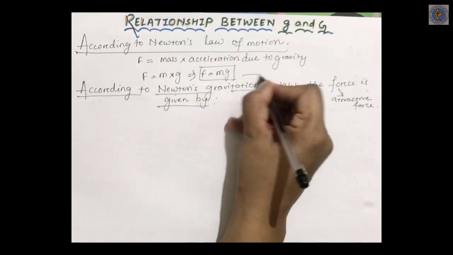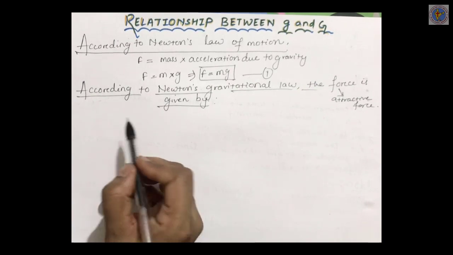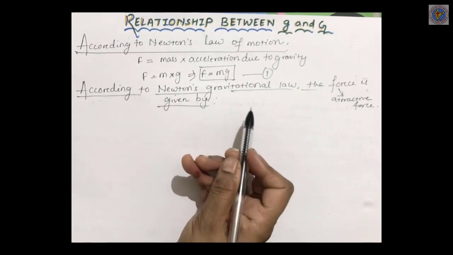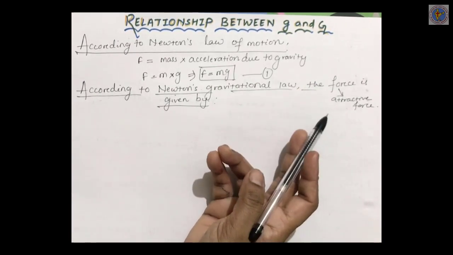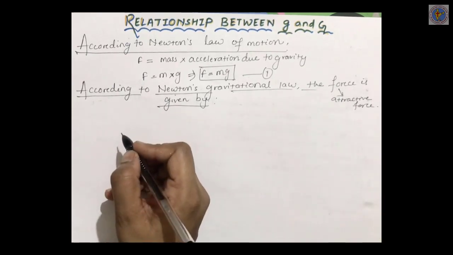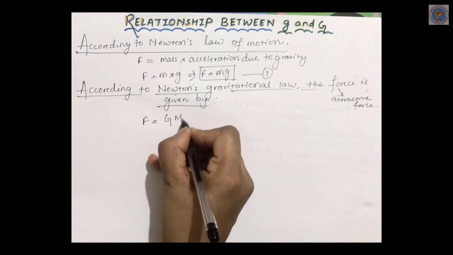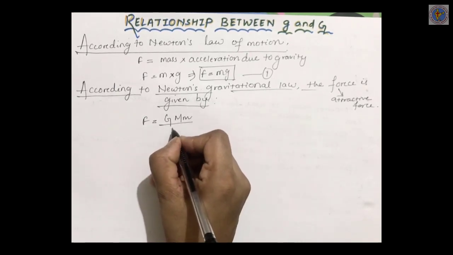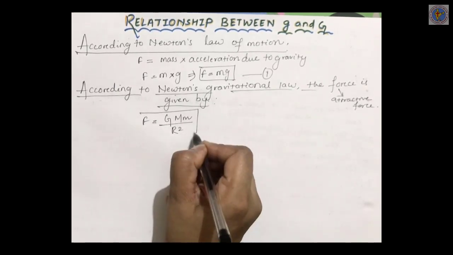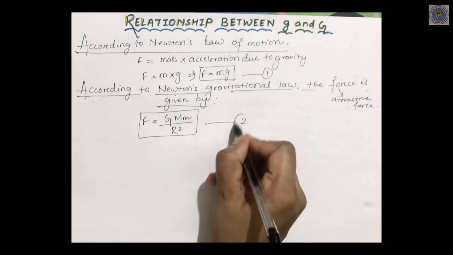This is the first equation. Also, according to Newton's gravitational law, the attractive force is given by F = GMm/r². This is equation 2.